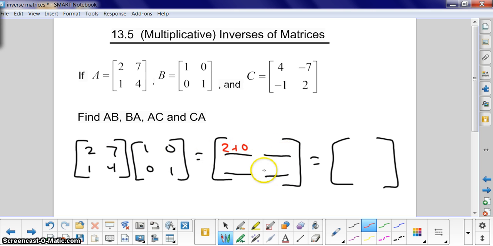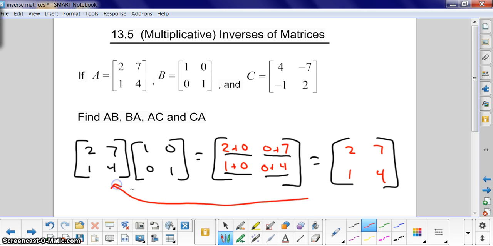Over here, first row, second column: 2 times 0 plus 7 times 1. Down here, second row, first column: 1 times 1 plus 4 times 0. And then right here, second row, second column: 1 times 0 plus 4 times 1. So I end up with 2, 7, 1, 4. Same as that.